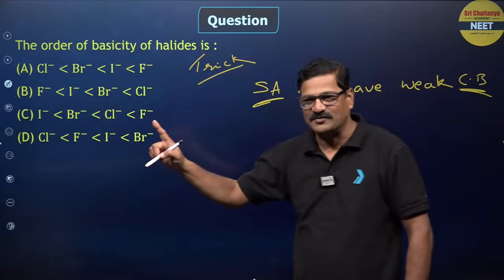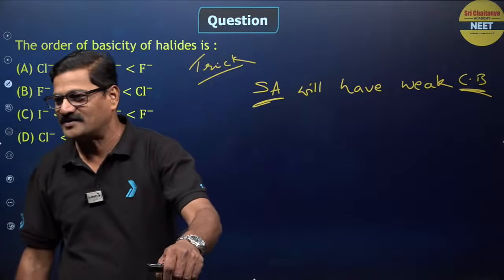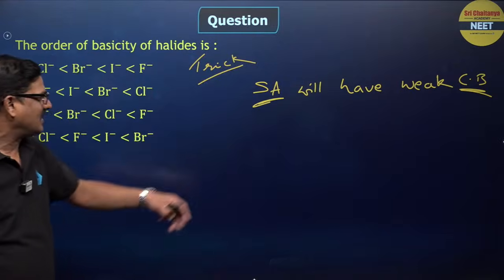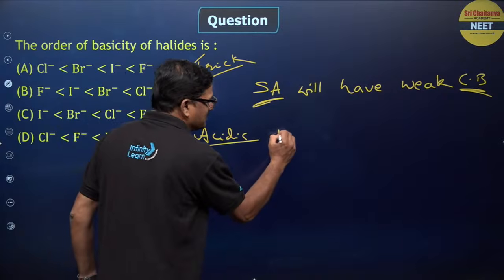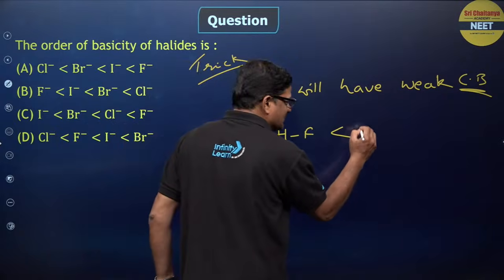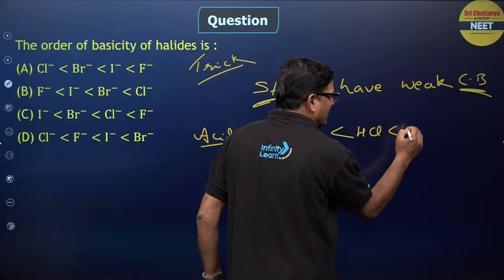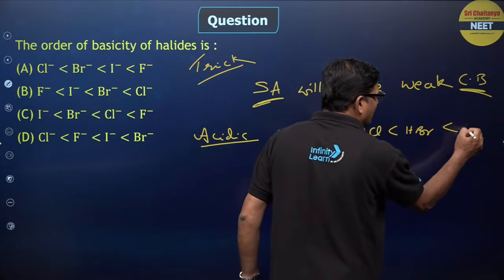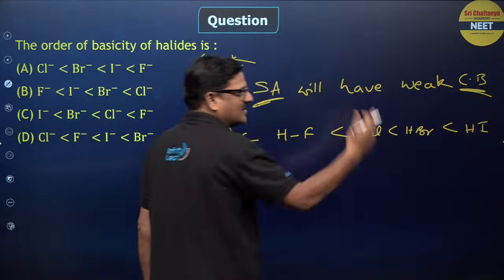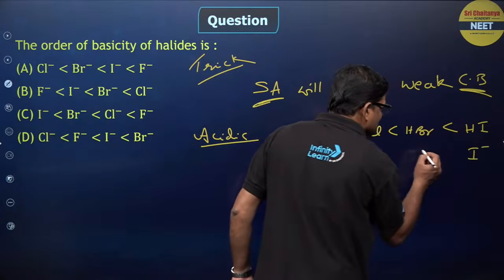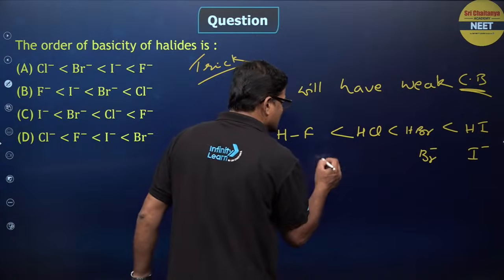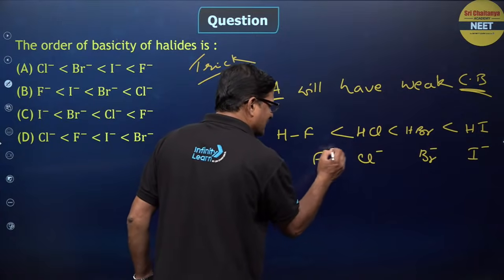A strong acid will have a weak conjugate base. So based on this, acidic strength: HF is less than HCl, HBr and HI. The strongest acid is HI and the weak conjugate bases are Br minus, Cl minus, F minus.